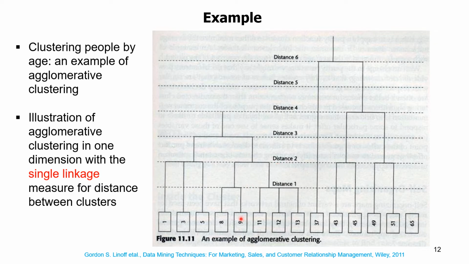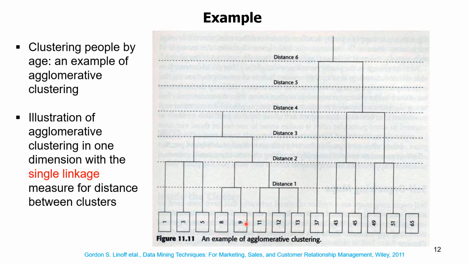Let's take a look at this cluster. This cluster has two data, 8 and 9. This cluster has three data, 11, 12, 13. The distance between these two clusters is 2, because we are using single linkage. Single linkage means the distance between clusters is the distance between the nearest members, right?